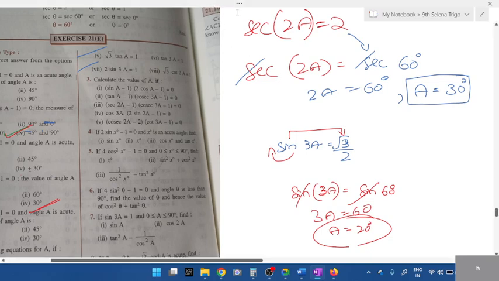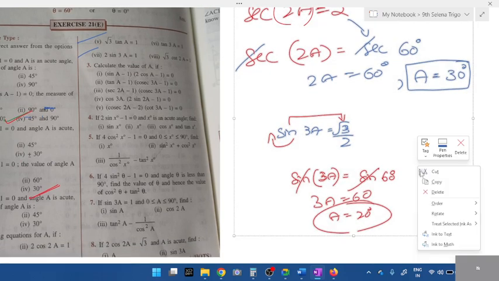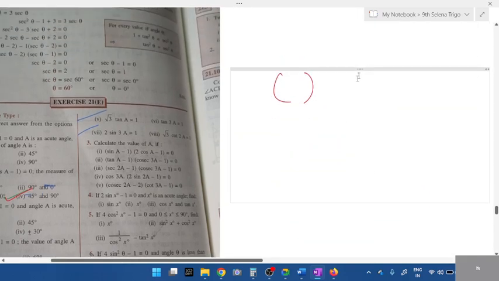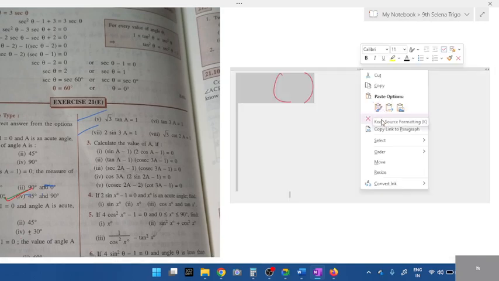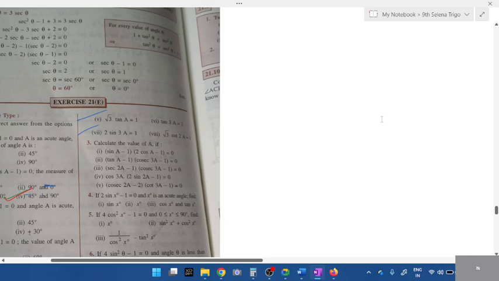Okay, fine. Let Alia complete. I'll discuss. Okay, which one do I have to divide, students, for the fifth question? First main, sin A is equal to 1 by root 3?